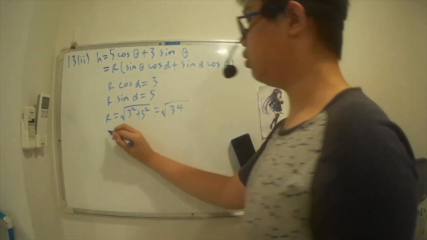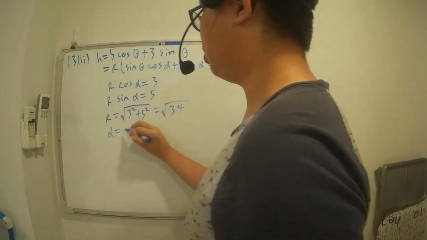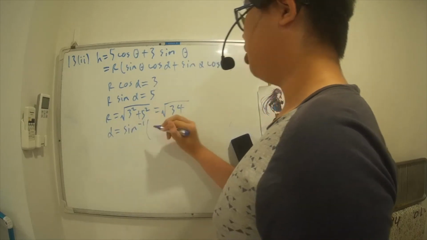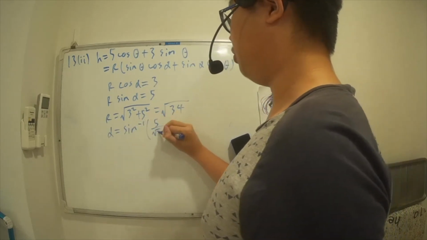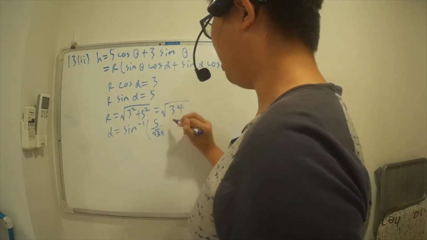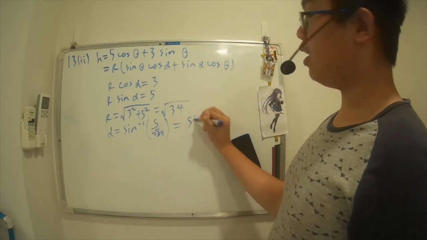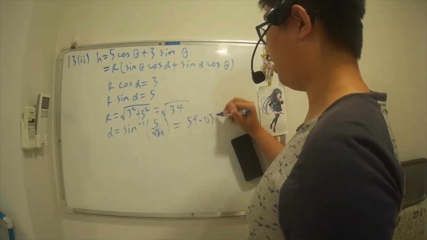And then alpha will be equal to the basic angle, right? So we'll take the sine inverse of 5 over the square root of 34. Okay, this is 59.036 degrees.